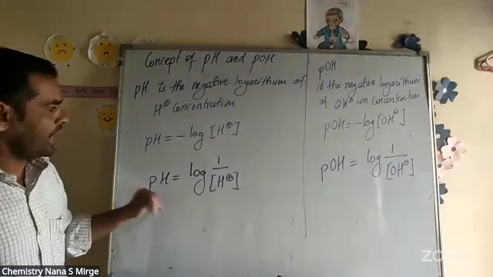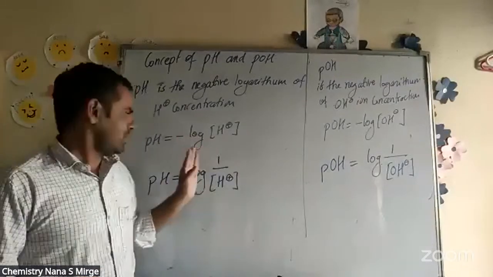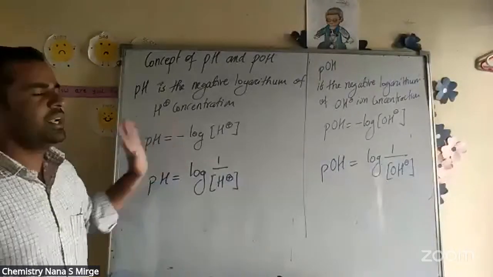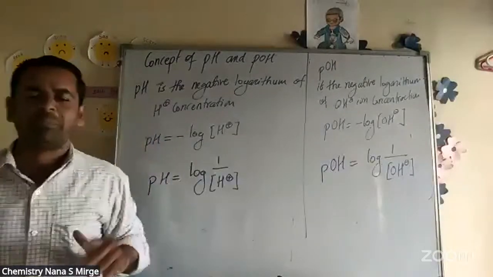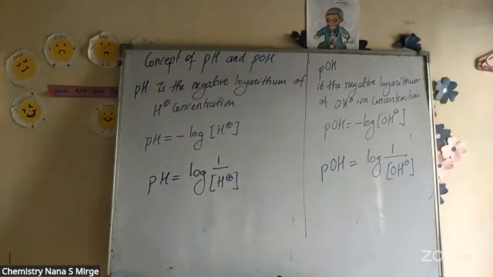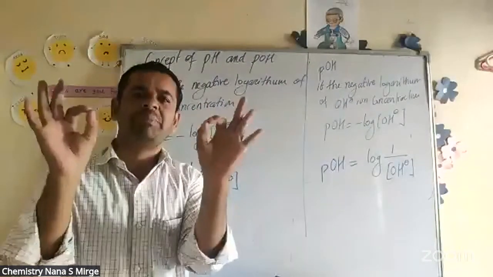Okay, so H plus ion, negative sign. So it is very simple. pH is the negative log of H plus ion. Okay, have you got this concept? Definition of pH and pOH? Yes, sir. Can you once explain log? Okay, forget about all this. What is meant by pH?